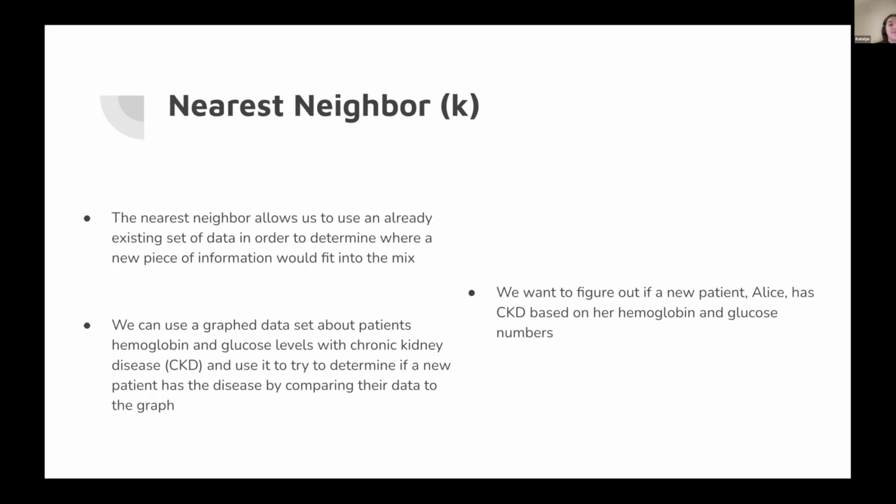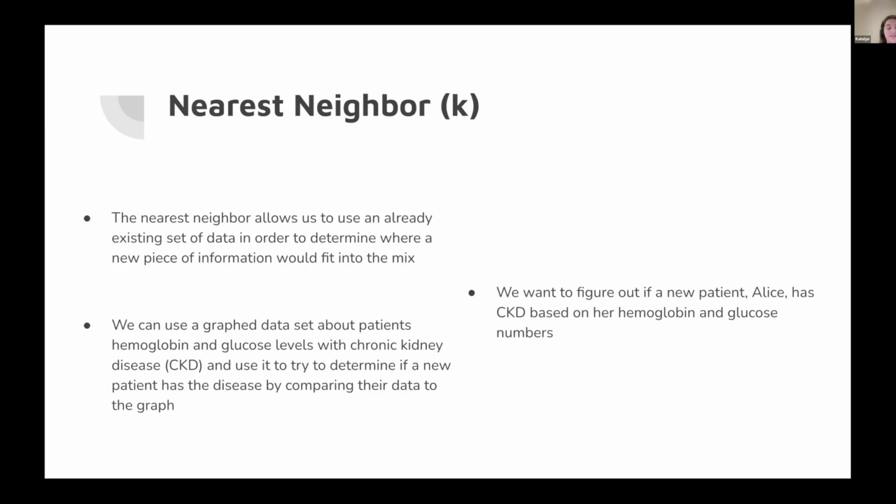I took an example from chapter 17 of our textbook. If anyone hasn't read it, feel free to take a look, so you know what I'm referencing. We're going to use an example just to show you how to figure out what nearest neighbor is. I will pull up a set of graphed data about patients with chronic kidney disease, or CKD.